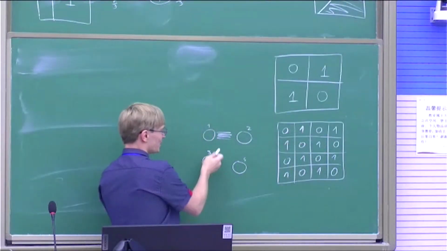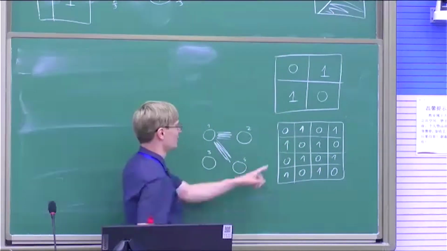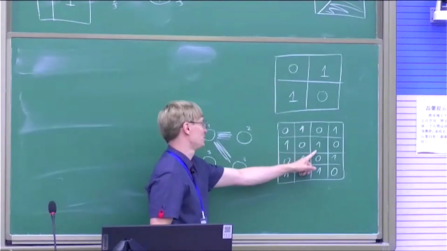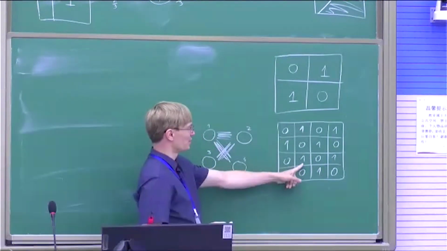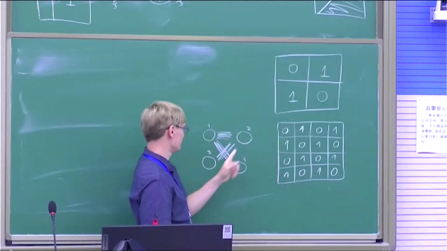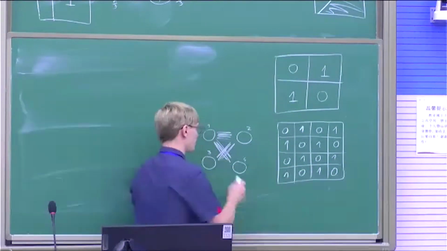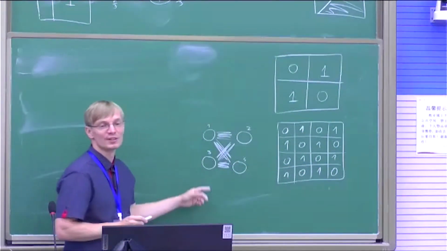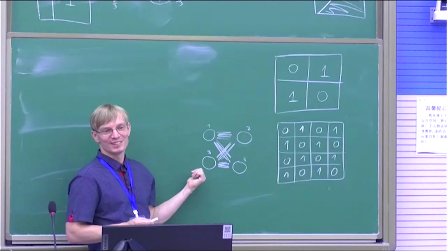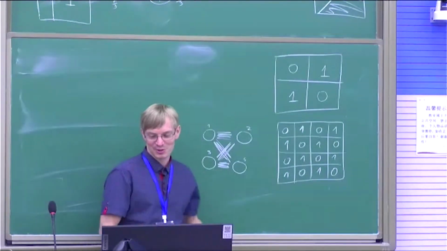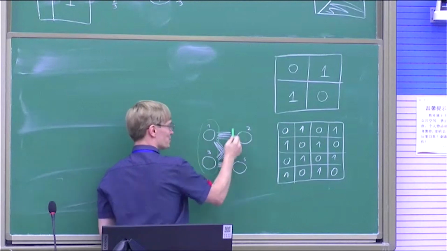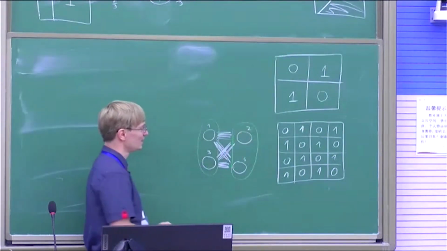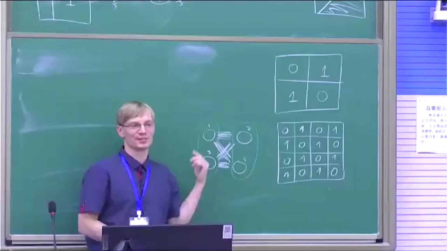Between 1 and 4, I have all possible edges. Between 2 and 1, 2 and 3. Here is between 3 and 2. It's already 3 and 4. So what's the graph? Yeah, it's also a complete bipartite graph. If I just consider those 2 as my parts, then this is a complete bipartite graph.